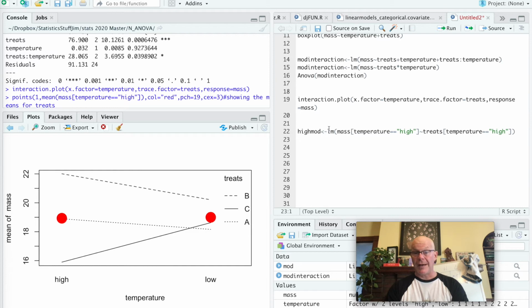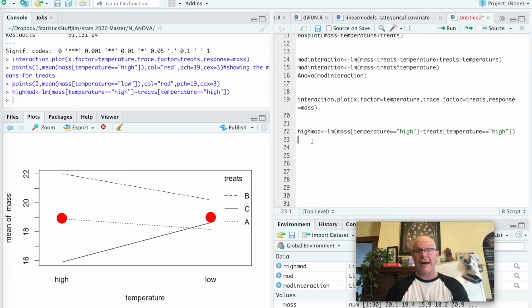So here's the one at high temperature. I'm only going to keep the masses and the treatments that are at the high temperature. At this point, temperature is not going to be in the model, because for this model, there's only high temperature data. And then we're going to run another model, which is only the low temperature data.